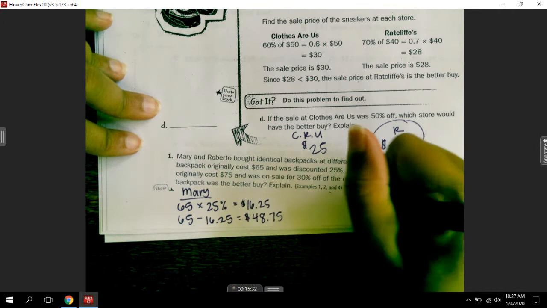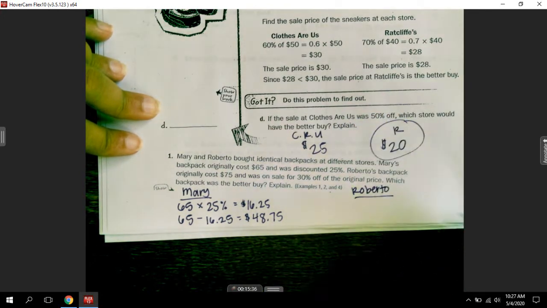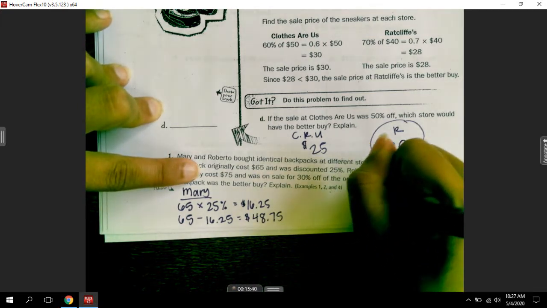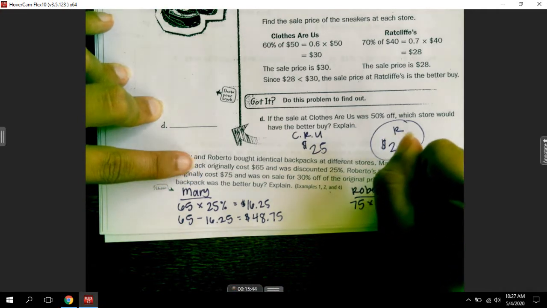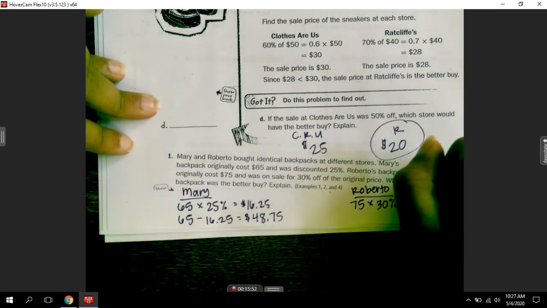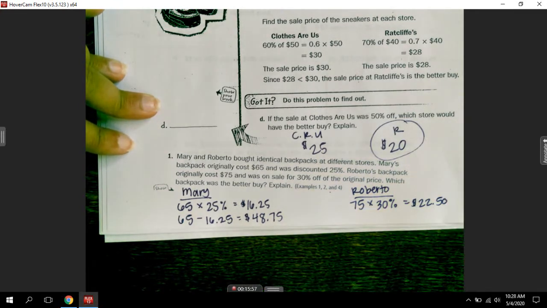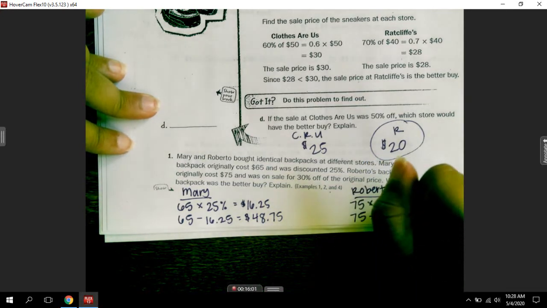Now we want to see, okay, how much is Roberto paying? So Roberto's backpack was originally $75, and then it's 30% off. So 75 times 30% is $22.50. So then you want to take the original price, 75, minus the $22.50.